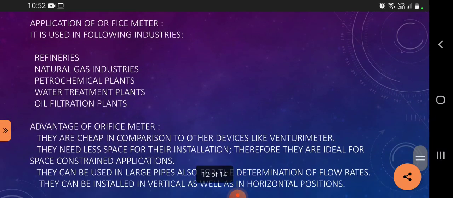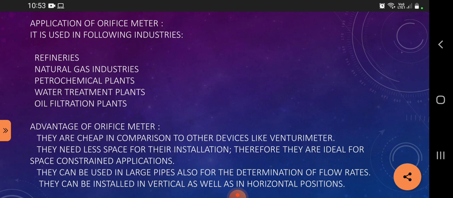Applications of orifice meter. It is used in refineries, natural gas industries, petrochemical plants, water treatment plants, and oil filtering plants. Advantages of orifice meter: they are cheap in comparison to other devices.